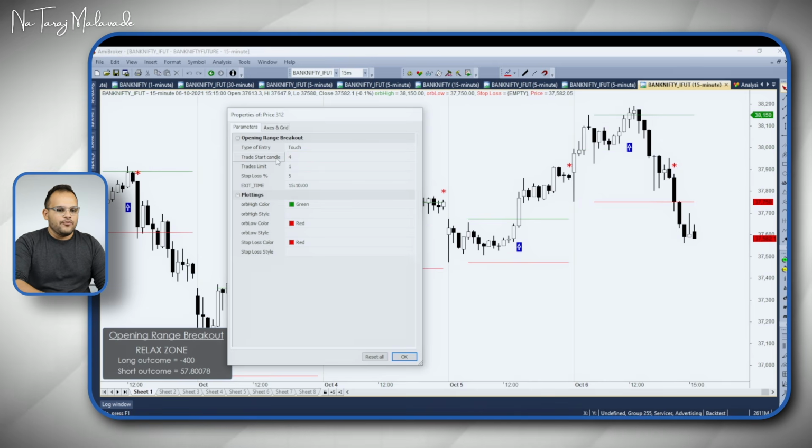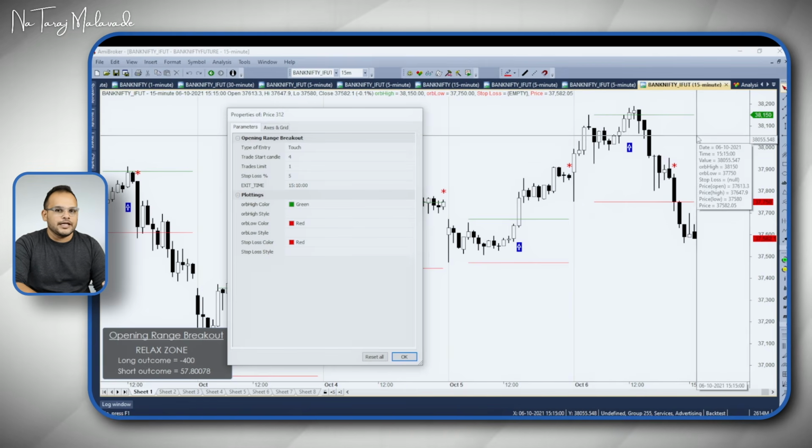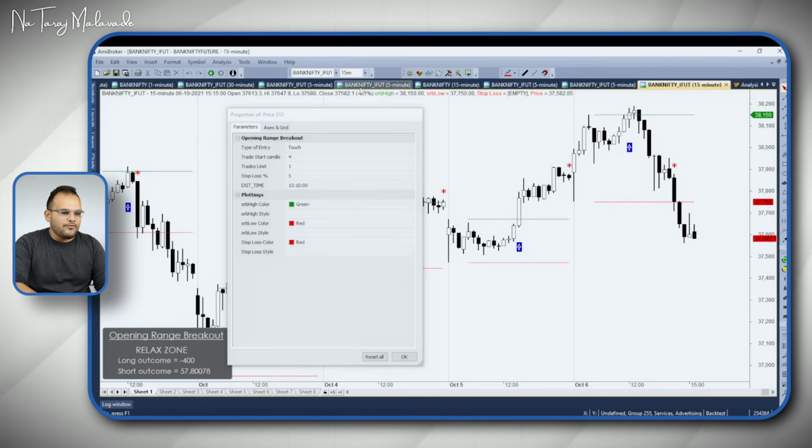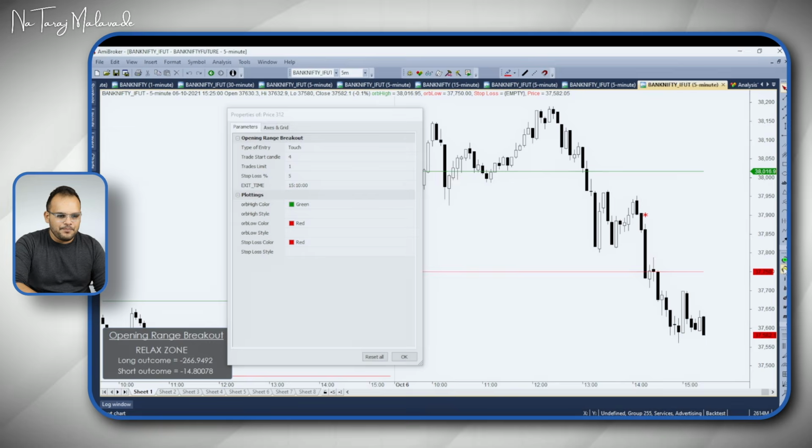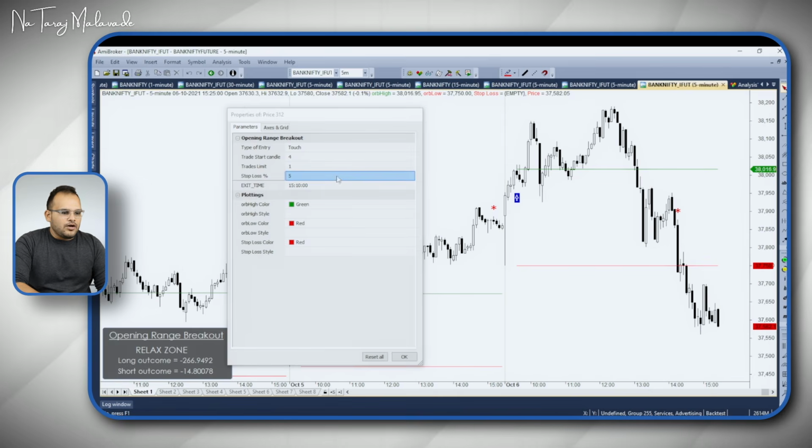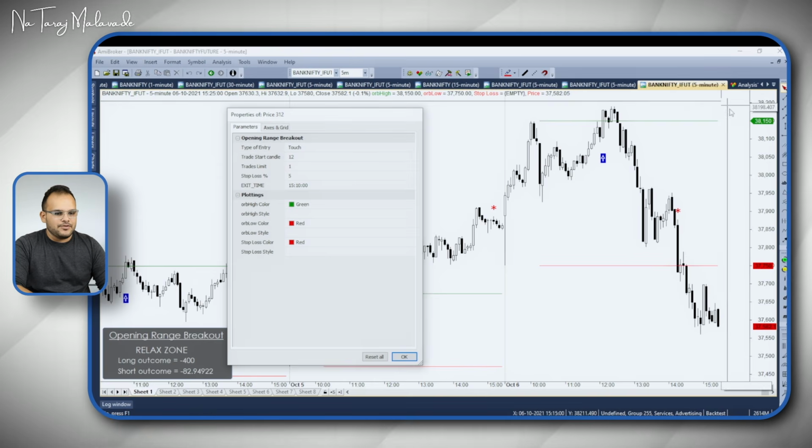If I give 4, you can see the first 4 candles, 1, 2, 3, 4, the overall high and low of those 4 candles are now considered as the opening range high and opening range low. I can also plot it in 5 minutes. If this is a 5-minute chart, I cannot say 4. If I want 1 hour, I should mention it as 12. So that's exactly what is happening.